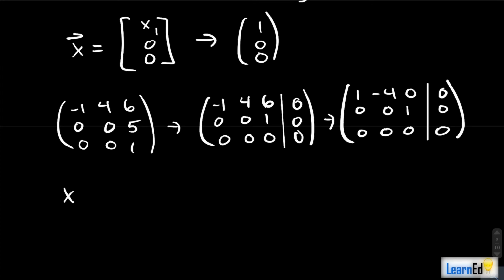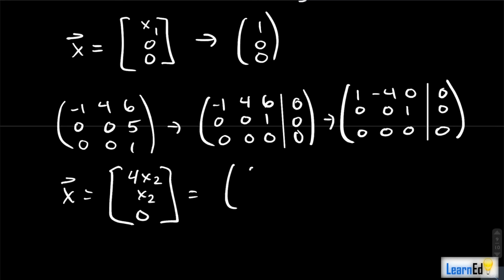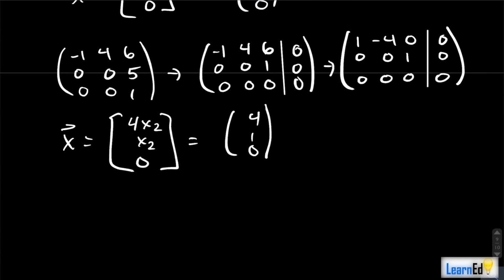Okay, and here you see that x2 is now our free variable. So x1 is actually going to be 4x2, and x3 is just going to be 0. Okay, so we get a 4, 1, 0 as our second vector.